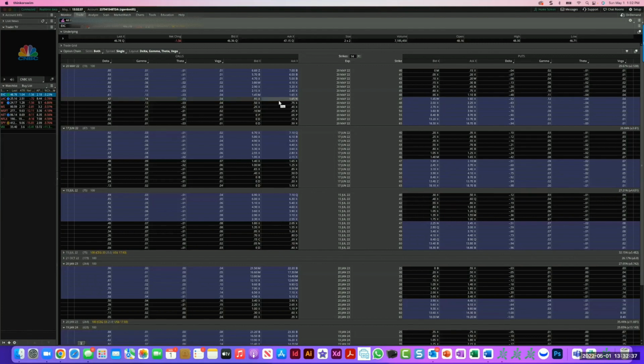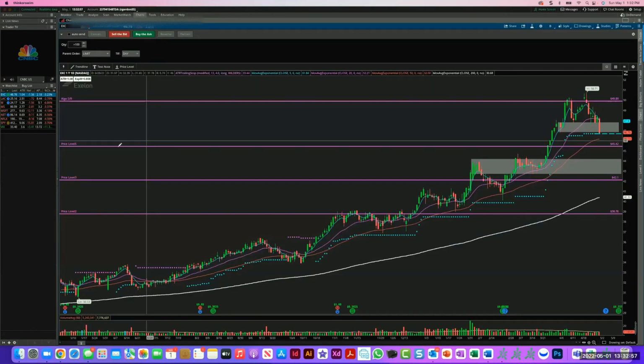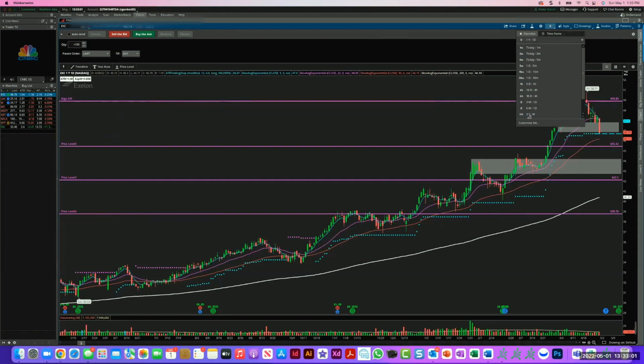So I'm not so sure if I would be trading it necessarily, but it's one to consider. Because it's a monthly, it's going to be a little more pricey, but it looks like a $45 call is currently around 75 cents on the ask. So that's how we go about making some decisions on what's going to be in our watch list.